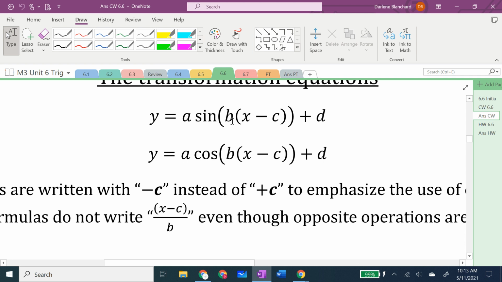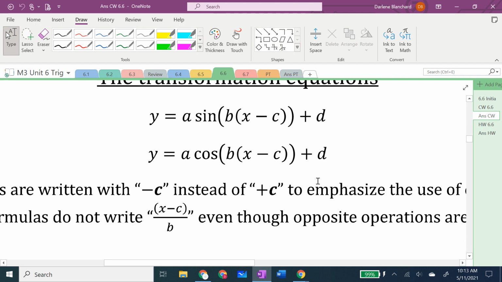The fact that they decided to make it official in textbooks to write x minus c, and that they didn't then choose to do divided by b, I think is confusing, and they'd be better off if they just left this as x plus c. It would be much easier to explain.